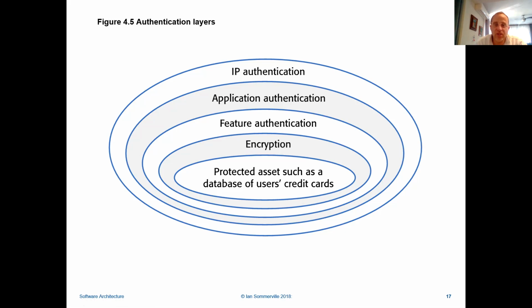I don't know what this last level is, but the point is I can have the data encrypted, even if he got in, somehow he spoofed the IP and he got this password. He still has to get this password. And even if he gets in, the data itself is encrypted, so he can only access it through my software. He can't download the whole data because it's all encrypted.